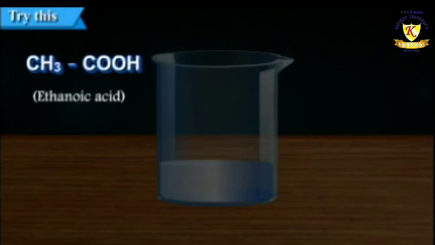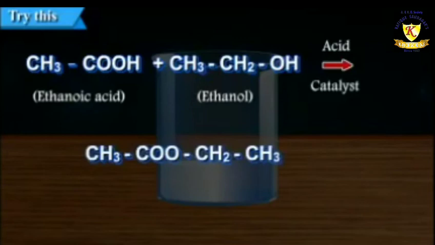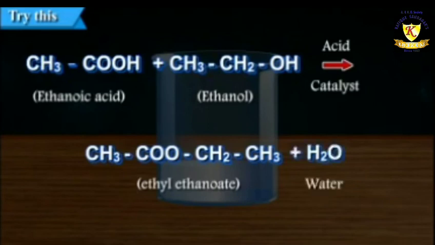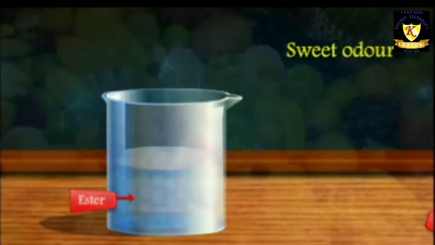CH3COOH, ethanoic acid, plus CH3CH2OH, that is ethanol, gives, in the presence of acid catalyst, CH3COOCH2CH3, ethyl ethanoate, plus H2O, that is water. Are you getting me, children? Okay, good. Now esters have a sweet odor.